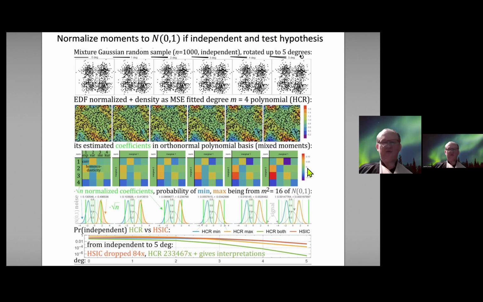And now we'd like to perform the independence test, so hypothesis testing. We can normalize these moments such that, assuming independence, they would be from N(0,1), so a normalized Gaussian centered at 0 with variance 1. And then we can test whether these 16 moments are from the normal distribution N(0,1).